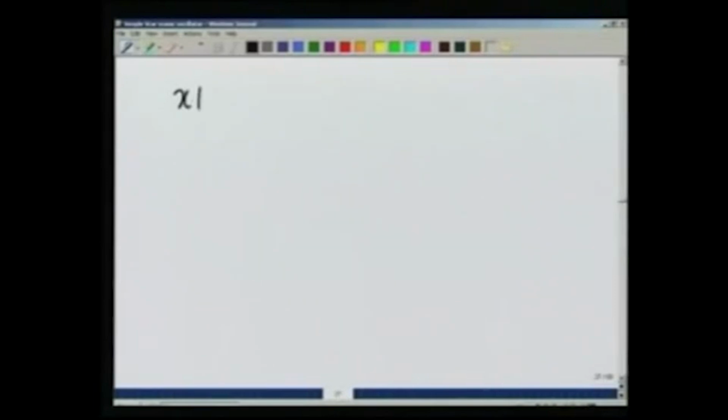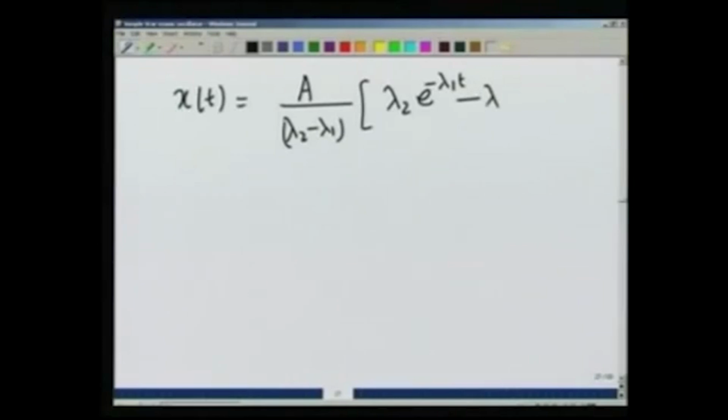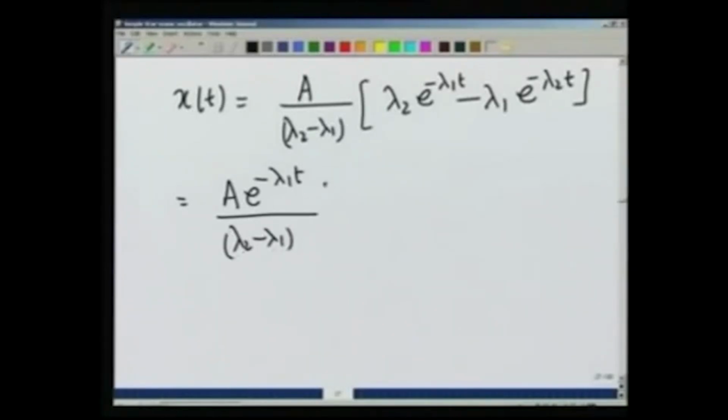I have x t equals a divided by lambda 2 minus lambda 1, lambda 2 e raised to minus lambda 1 t minus lambda 1 e raised to minus lambda 2 t. Let me take e raised to minus lambda 1 t out, write this as a e raised to minus lambda 1 t divided by lambda 2 minus lambda 1. Inside I have, let me write lambda 2 as lambda 1 plus lambda 2 minus lambda 1.